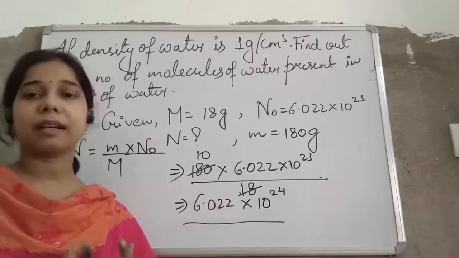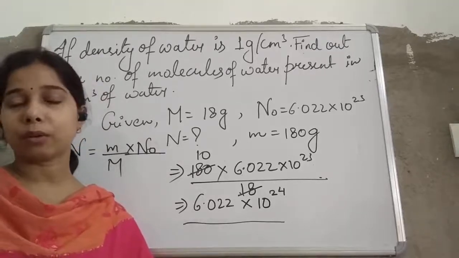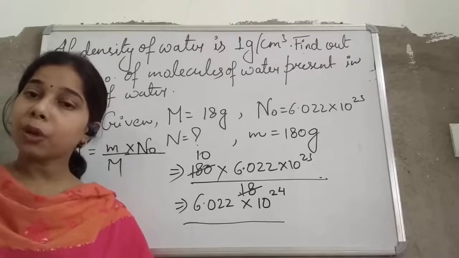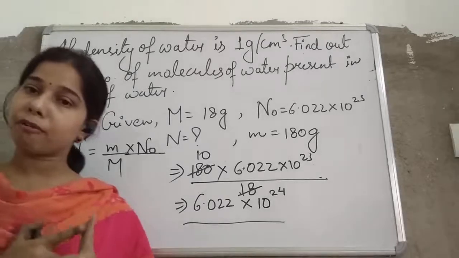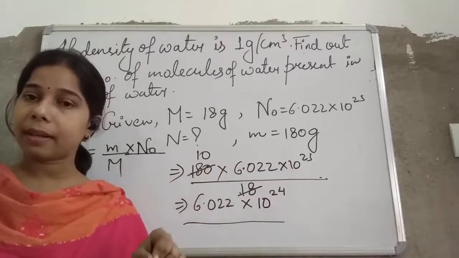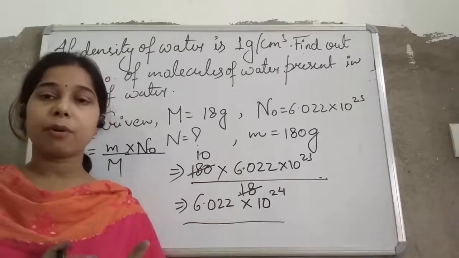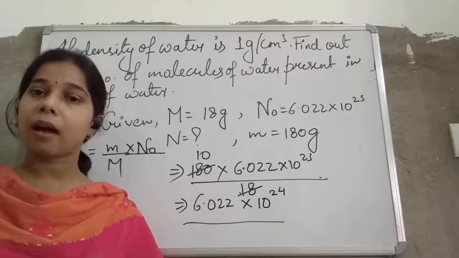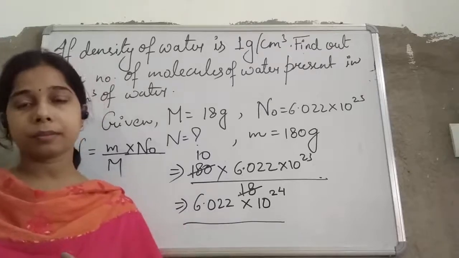Okay, students, so these are the numericals related to the mole concept. Now you are able to find the number of moles by the formula n is equals to small m by capital M. You are able to find the number of particles by the formula N upon N naught.